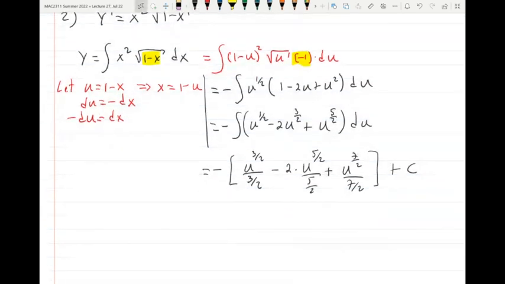So now I'm going to distribute, clean stuff up, and also put back the original variable. I'm going to do several things at once now.